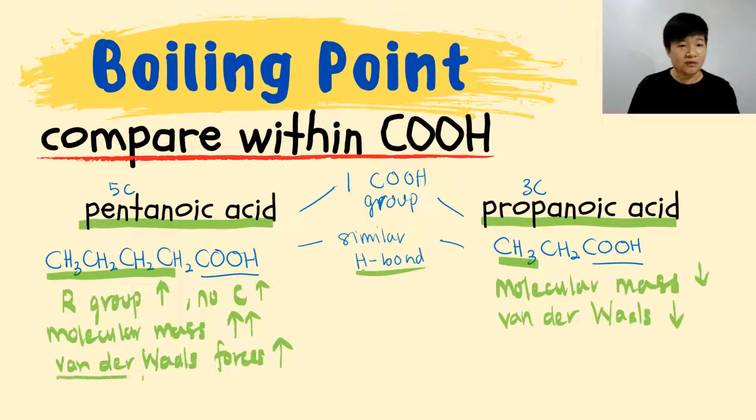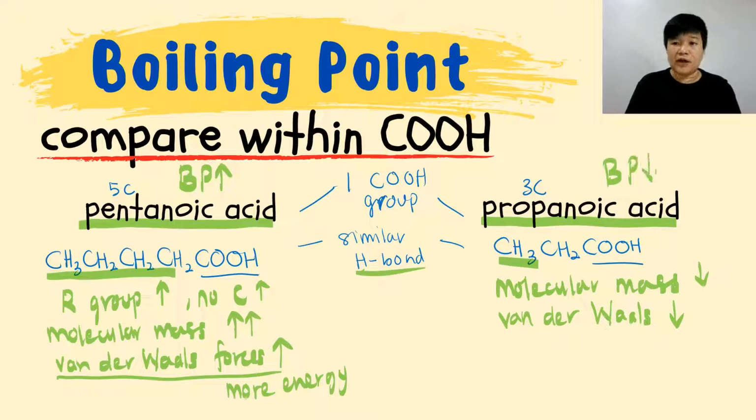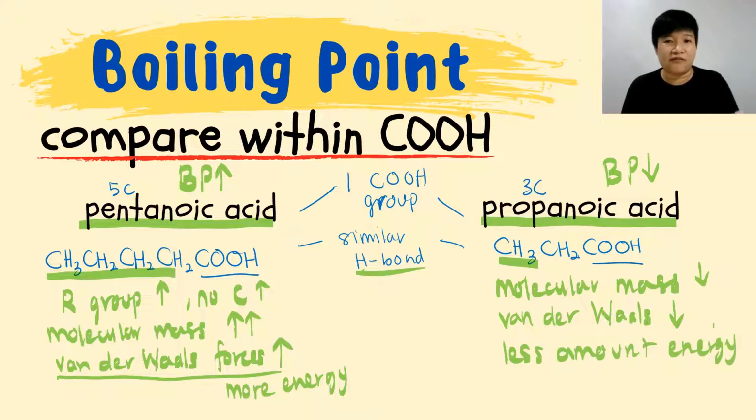And since the van der Waals forces right now is higher, therefore this guy will need more energy. When more energy, automatically your butanoic acid will have a higher boiling point than your propanoic acid. The propanoic acid will only need a lesser amount of energy, because the molar mass is lower, therefore van der Waals forces is weaker.